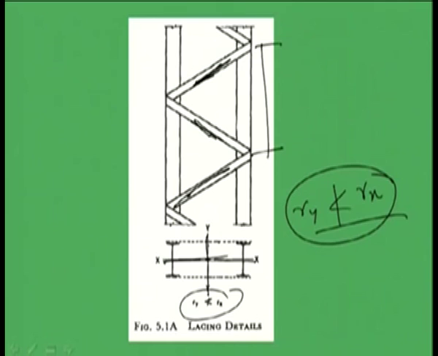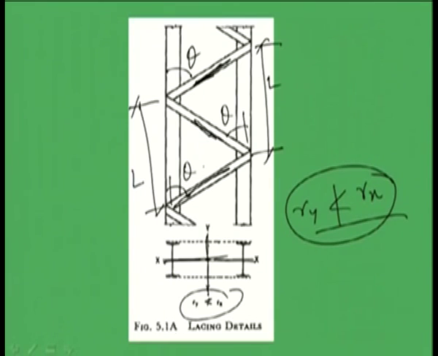This distance and this distance should be uniform, which is generally called L. The angle of inclination theta should also be as far as possible the same. The variation should be avoided as far as possible. Uniform dimension, uniform length, uniform angle of inclination has to be maintained in the design of the lacing system. This is another guideline provided by the code.